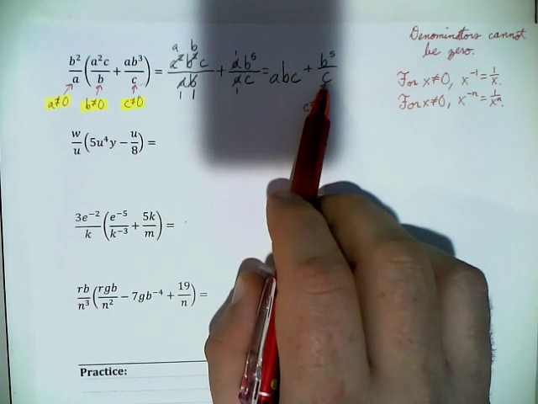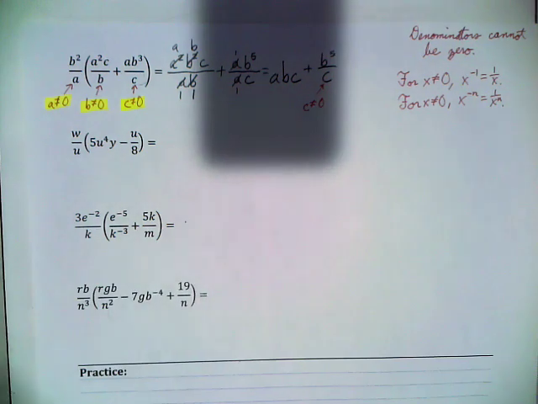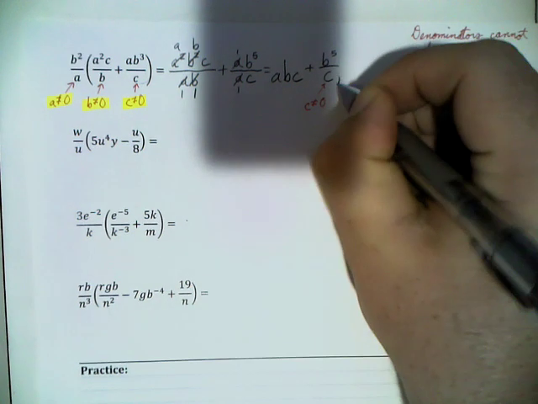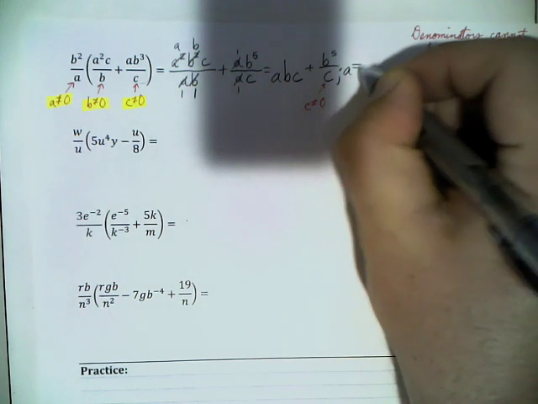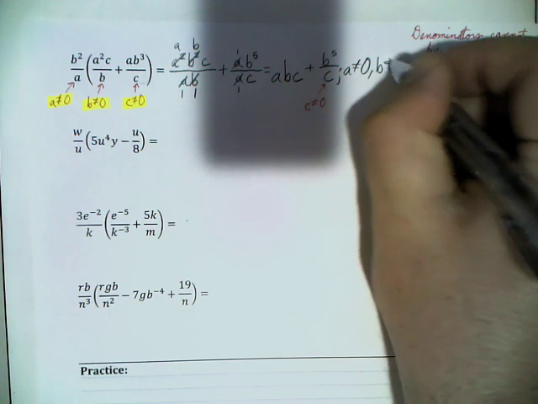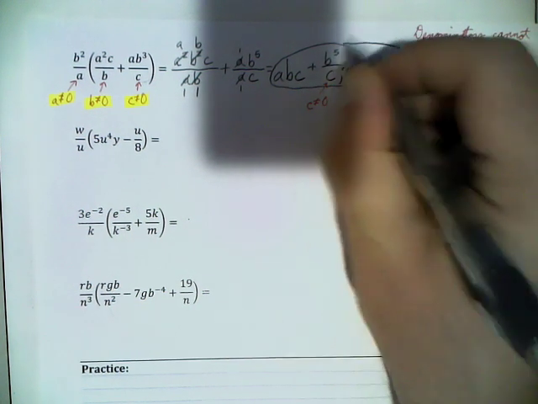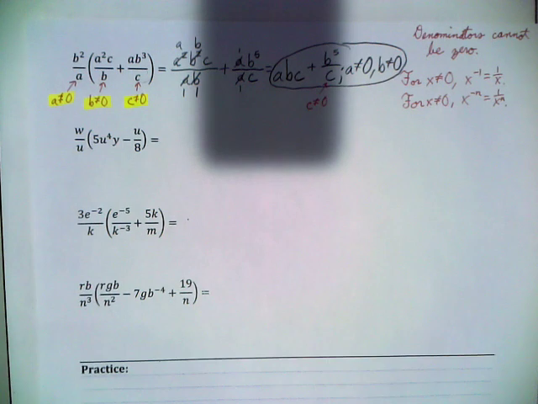So just because of the way it's written, we're fine with c. C is good to go. But since a and b are no longer excluded over here, we have to explicitly mention them. So our final answer is a, b, c plus b to the 5th over c, where a and b cannot be 0.